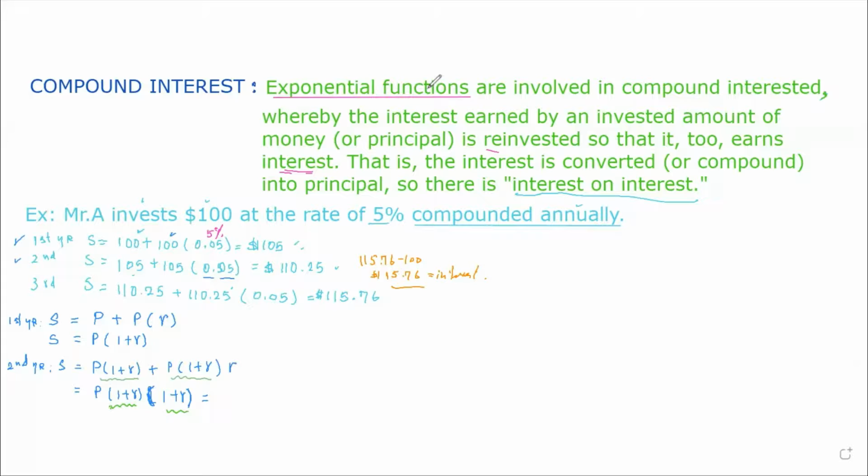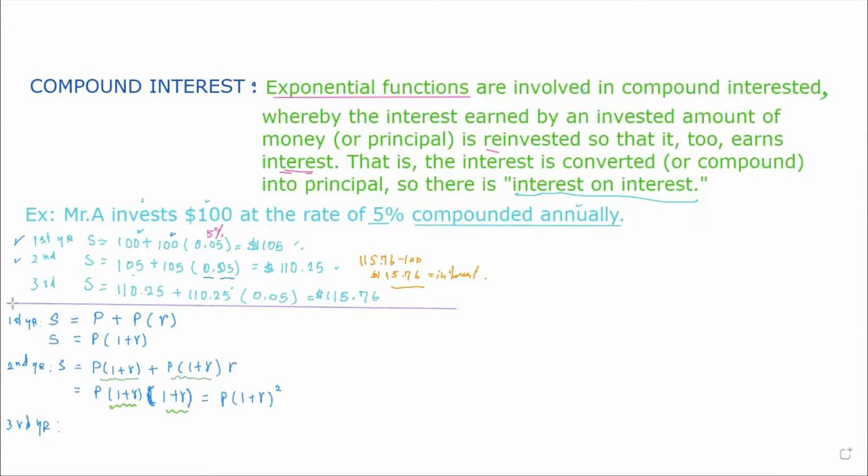So this becomes P times (1 plus R) to the power of 2, the same base so the indices add. To go on and get the third year, we do the same thing, comparing with the numbers we have, to create the formula of this compound interest.